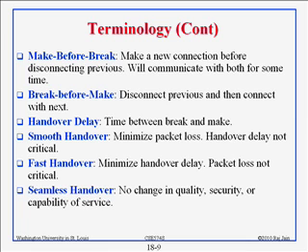Smooth handover minimizes the packet loss, handover delay not critical. So now, smooth is not the same thing as soft. Smooth is that there is a break, but the break is very short. It minimizes the packet loss.